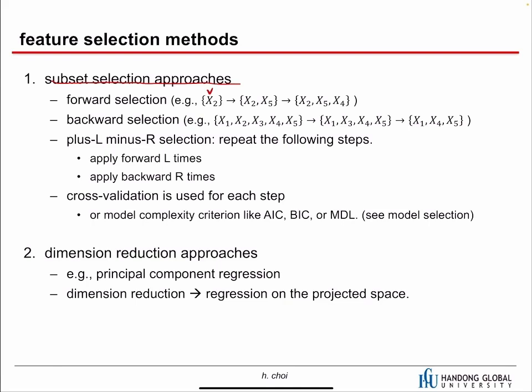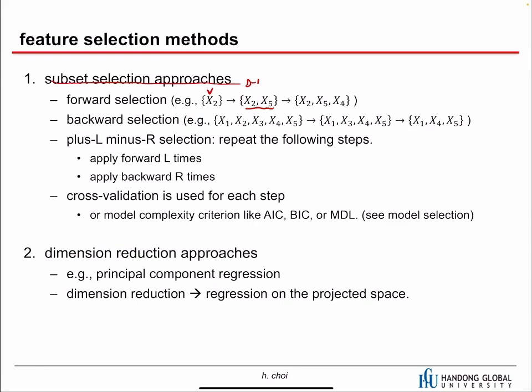Let's say in this case, x2 is the best feature. Okay, and then now we have d minus 1 features. Out of d minus 1 features, we can add the next best feature. So now we have x2 and x5, and we can keep adding these features one by one.